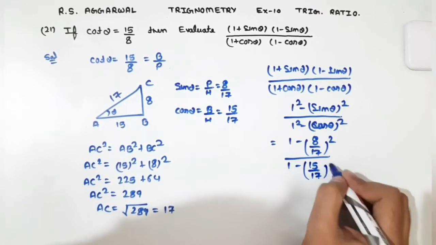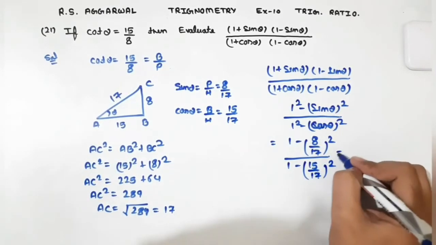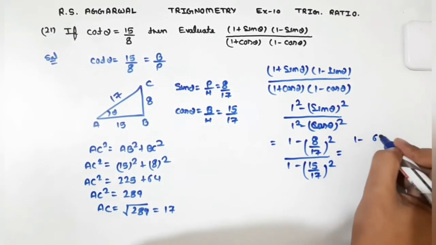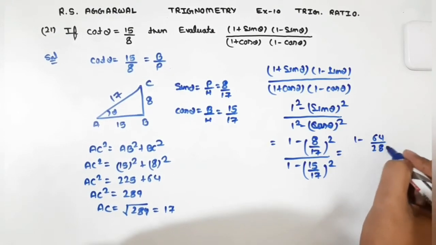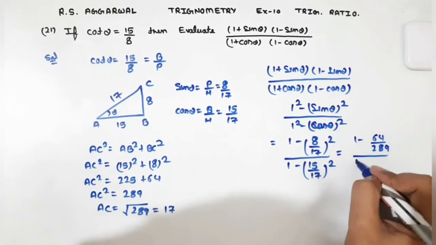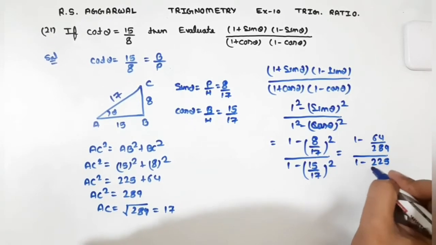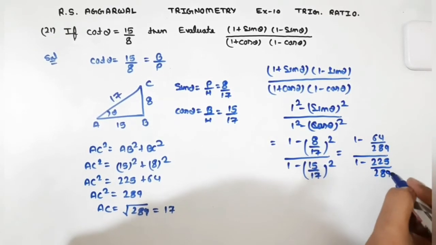cos theta is 15/17, whole square. This will be equals to 1 minus 64 upon 289 and 1 minus 225 upon 289.